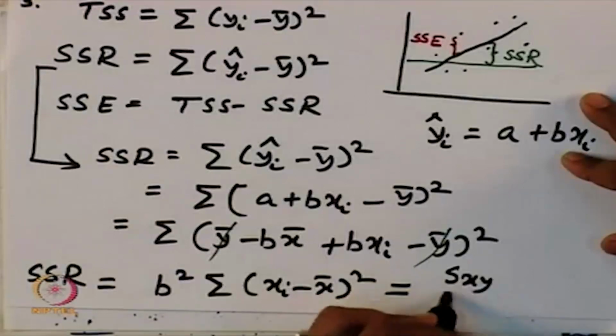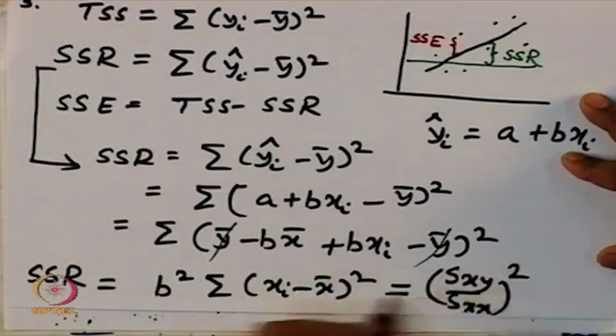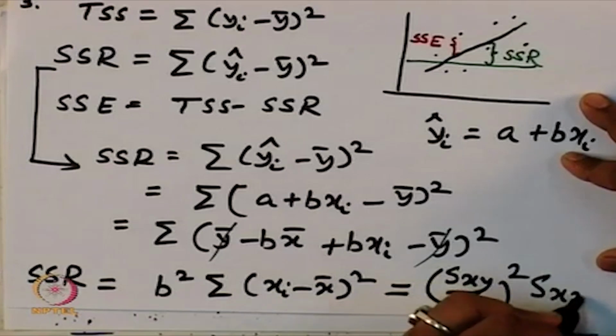And so, this you can rewrite as Sxy by Sxx is b, times this, which is nothing but Sxx.